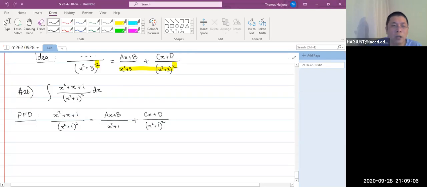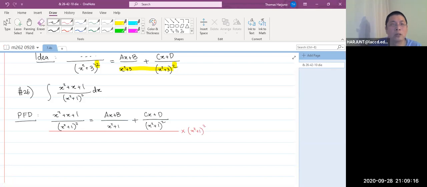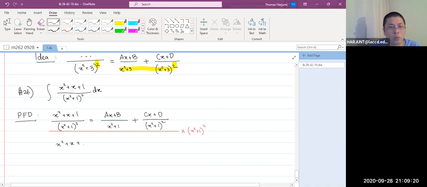Now then, from there I multiply by the LCD, x squared plus 1 squared. Then I get x squared plus x plus 1 equals ax plus b, times x squared plus 1, plus cx plus d.